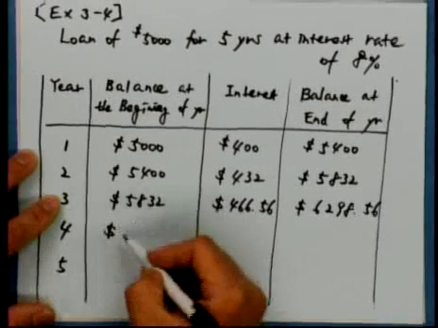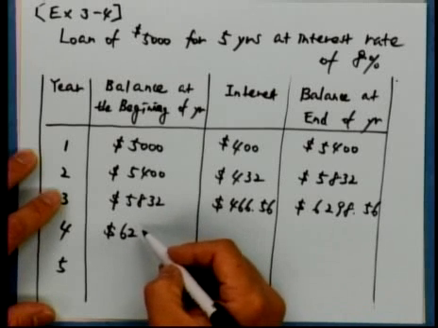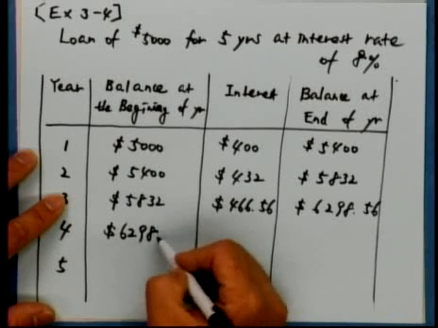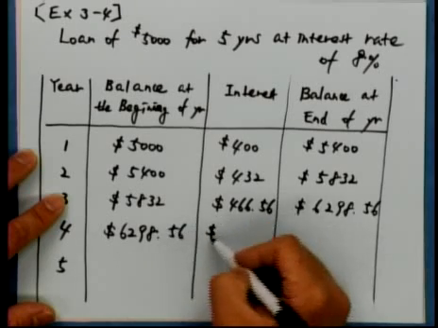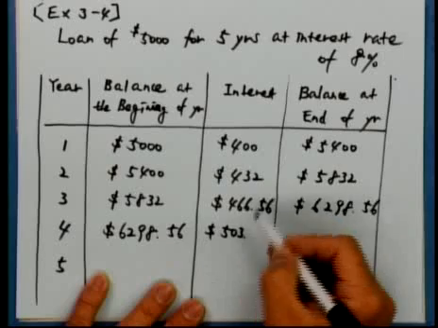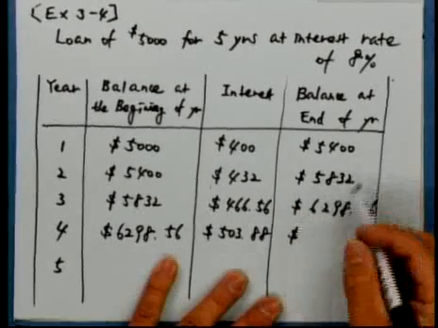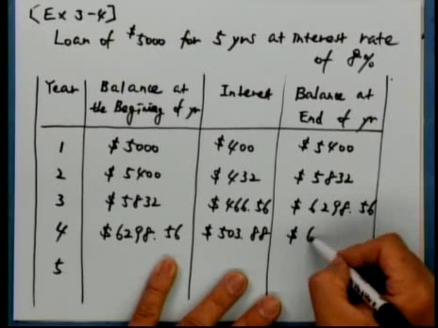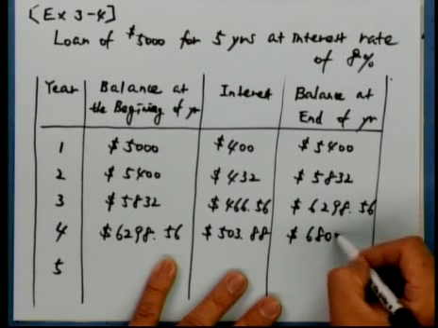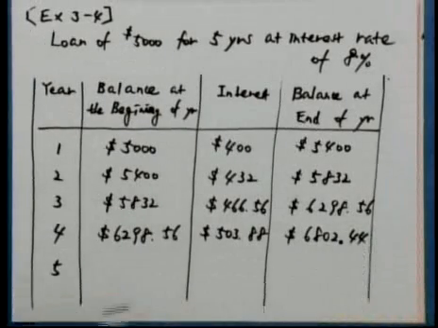Okay, and year 4, starting from $6,298.56, the interest would be $503.88. At the end of year 4, it's going to be $6,802.44.